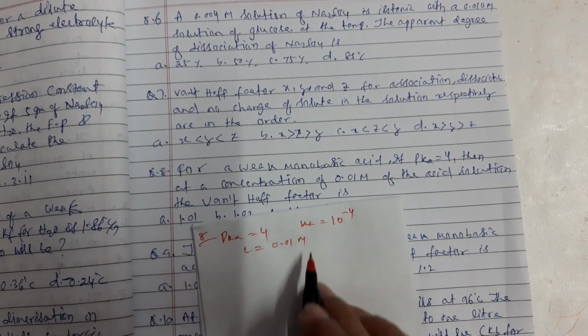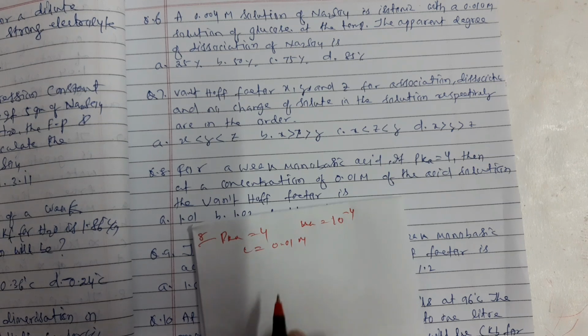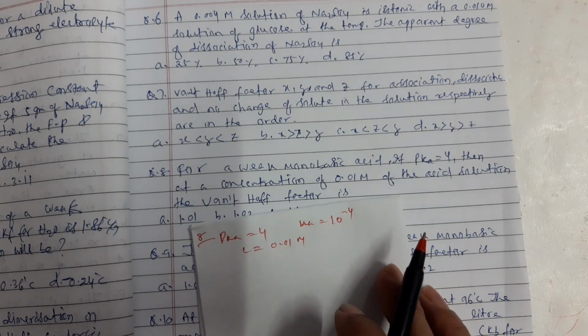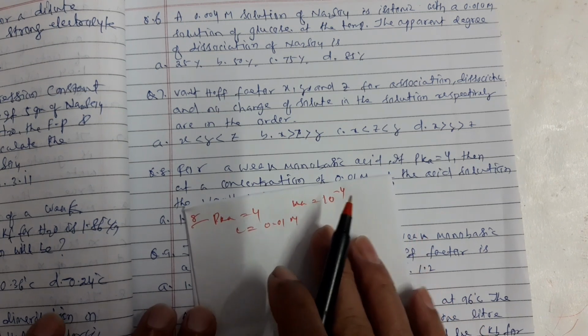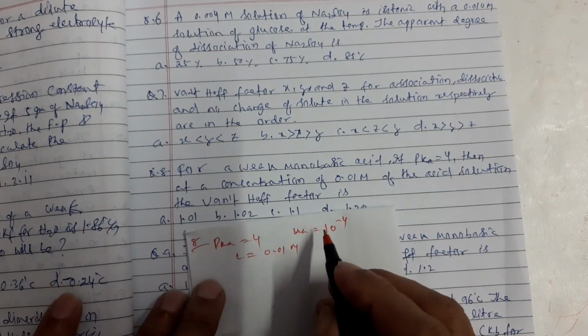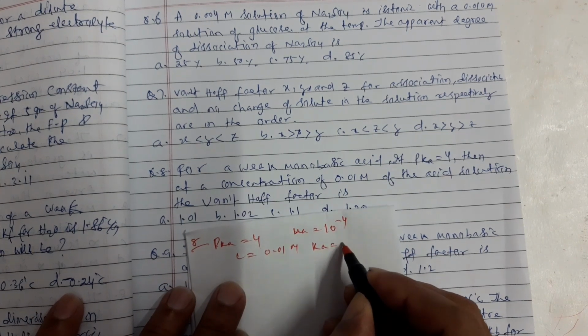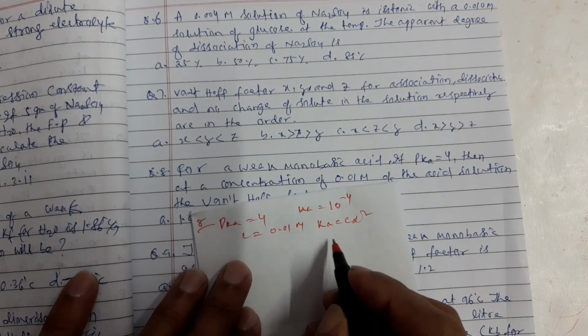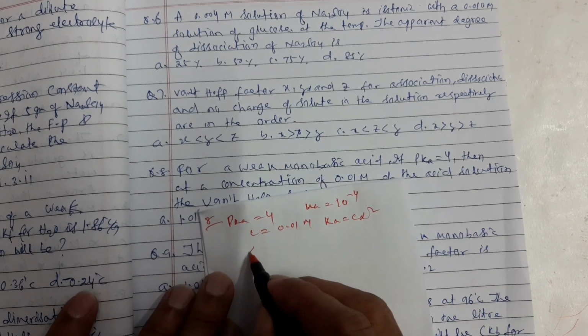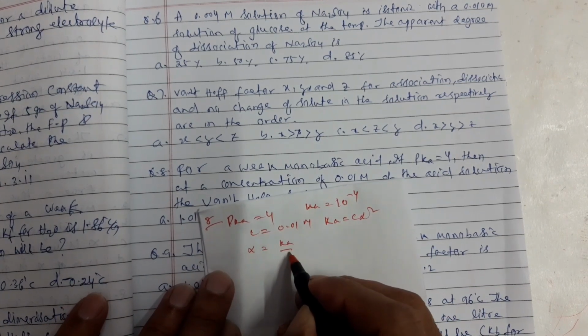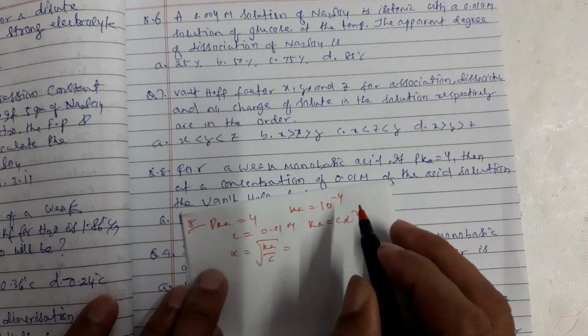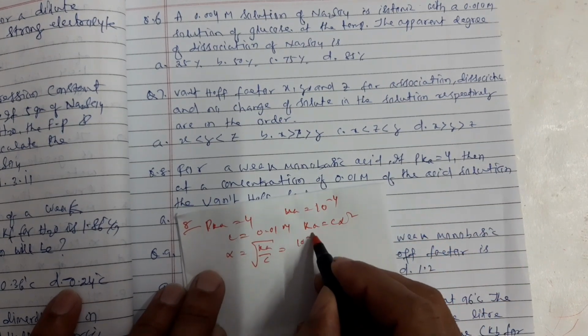So Ka value is given and your concentration is given. So what to do? We know from the Ostwald dilution law, Ka is equal to C alpha square. Then what is alpha? Alpha is equal to root over Ka by C. What is Ka value given? 10 to the minus 4.